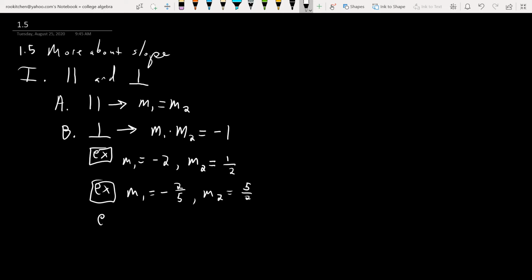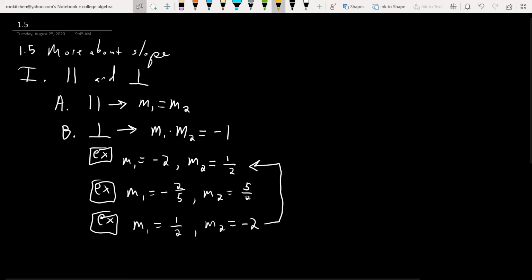So you just flip it again, and if your slope was, let's say, 1/2, then the perpendicular slope would be what? Well, that would be negative, and then you have to flip it, so -2. So that's just like the first example, but in reverse, right?